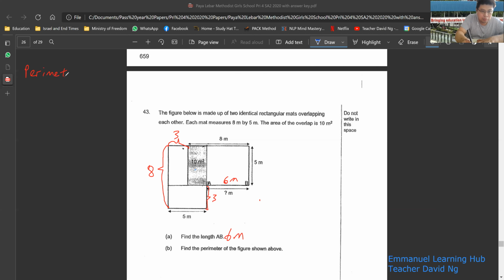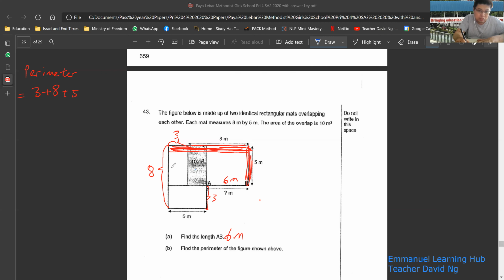The top part is 11, then plus 8, then plus 5, then plus 5 again.